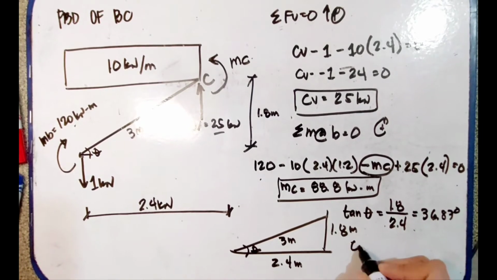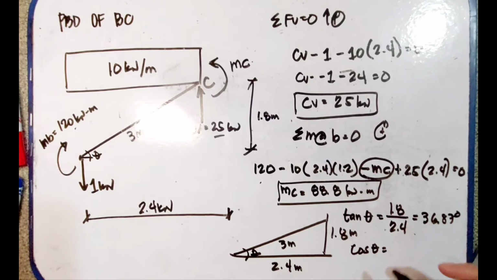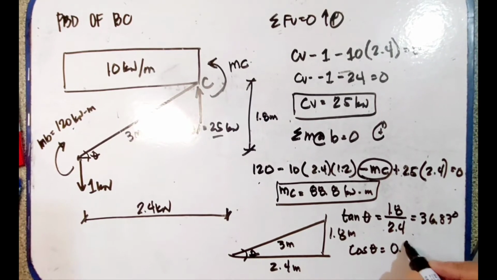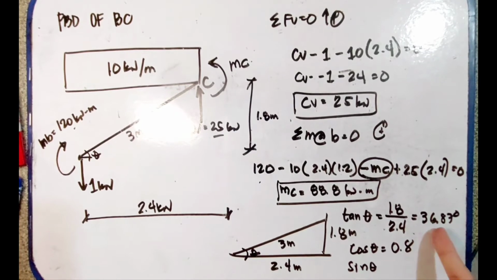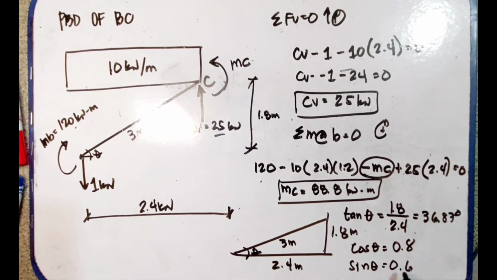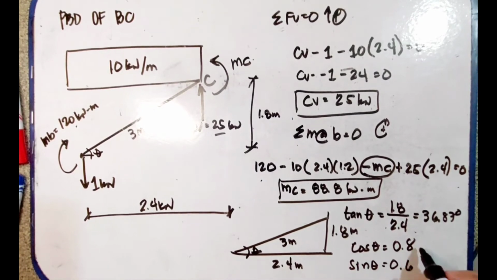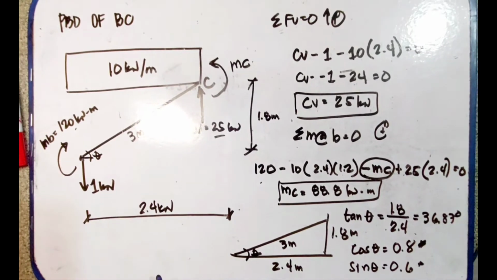So, kung kukunin natin ang cosine theta, i-type nyo lang, cosine 36.87, ang lalabas sa sagot dyan is 0.8. Pag kinuha mo yung sine theta, sine, and then, lagay nyo 36.87, 0.6. So, para saan to? Ito lang kasing gagawin natin as multiplier natin dito sa mga reactions natin.